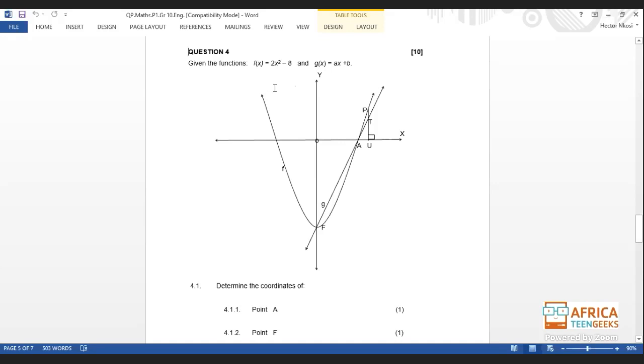Then divide by 2 both sides. You'll have 4 is equal to x squared. Therefore, square root, so it will be plus or minus 2. X is equal to plus or minus 2. Therefore, for the coordinates of A, because A is after 0, which means we're having positive, we know that point A will be (2; 0).